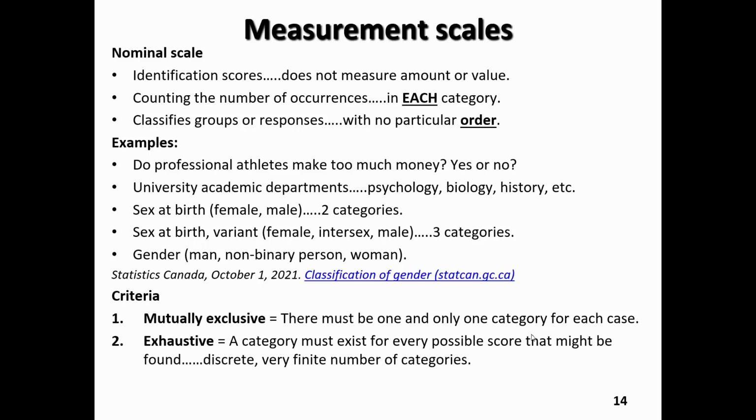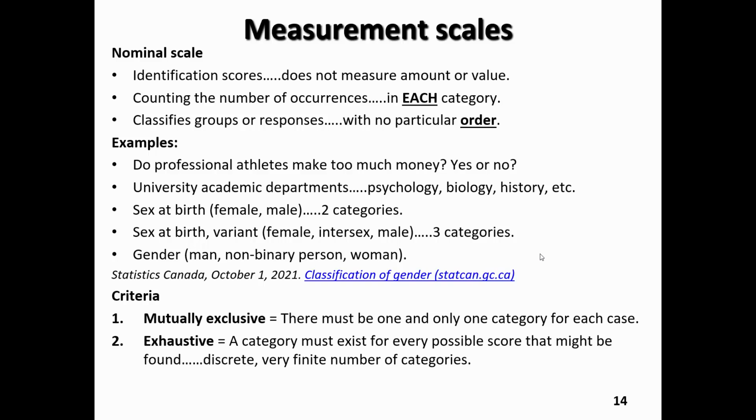It must be exhaustive, in that a category has to exist for every possible score that might be found. So this will put it on the discrete level. So there's a very finite number of categories. We don't have an infinite number of categories. So in our examples, our latter three bullet items, we have 2 categories, 3 categories, 3 categories for gender.